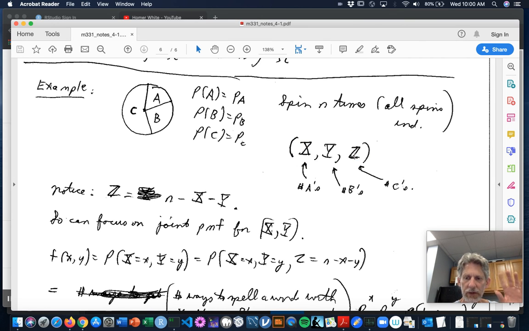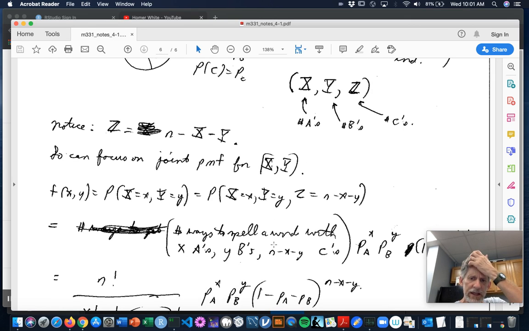It looks like a trivariate random variable, but not really, because if you know two of them, you get the third, since Z is n minus x minus y. So really, the randomness is all there in the XY ordered pair, a bivariate random variable. And let's see if we can get the bivariate PMF, little f of x y.